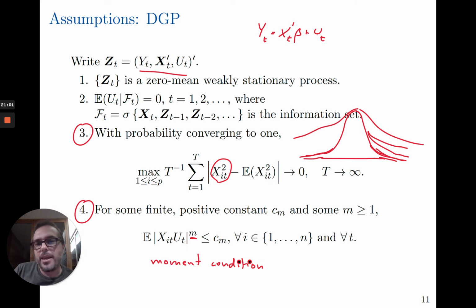So basically what this says is that it's a tail condition. So we can have something that's not Gaussian, but we cannot have something like a Cauchy random variable, right?